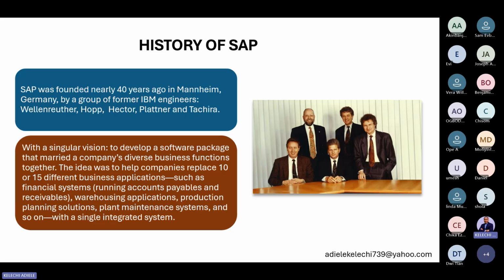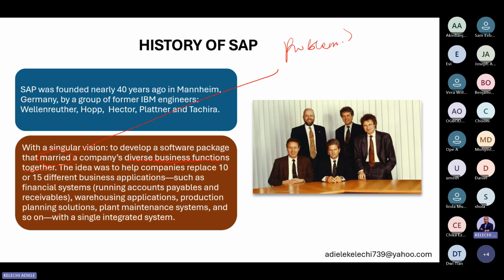So the vision then was to develop a software package, take note, a software package that married a company's diverse business functions together. So in those days, there was a problem.